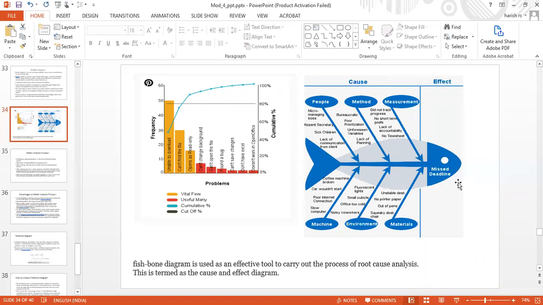What measurements did they take, and what machines did they use? For example, this example shows that they missed the deadline. So why did they miss the deadline? If it is the people taking care of it, then that person may have lacked communication.